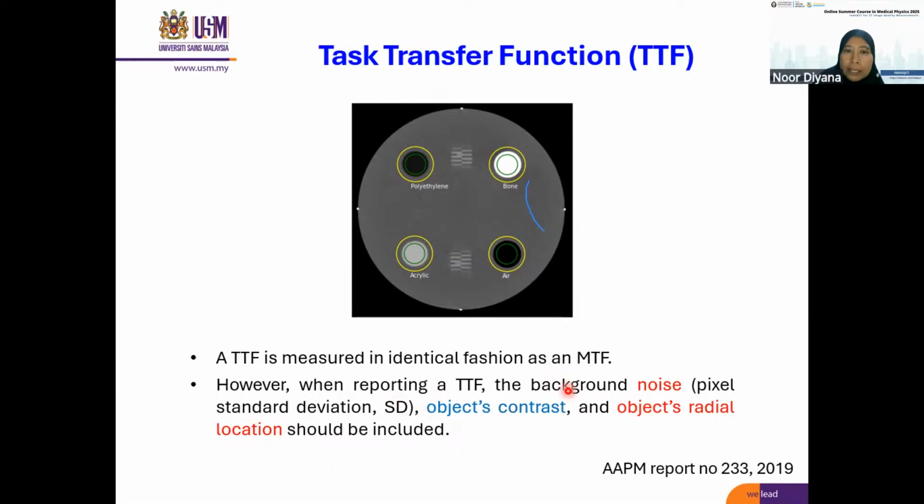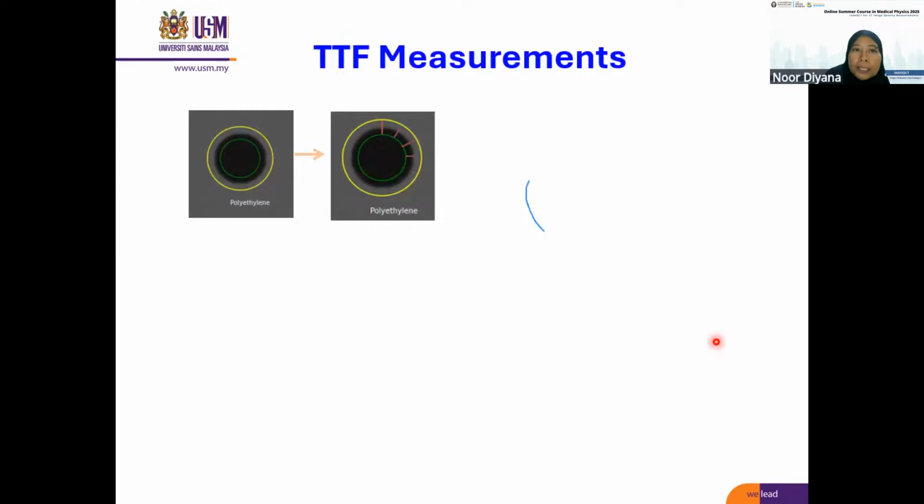TTF is actually measured the same as MTF, but it takes into account the object contrast and object radial location. Besides that, it also takes into account the background noise. For example, you have one object, and it will take into account the background noise and contrast in comparison with the ROI.